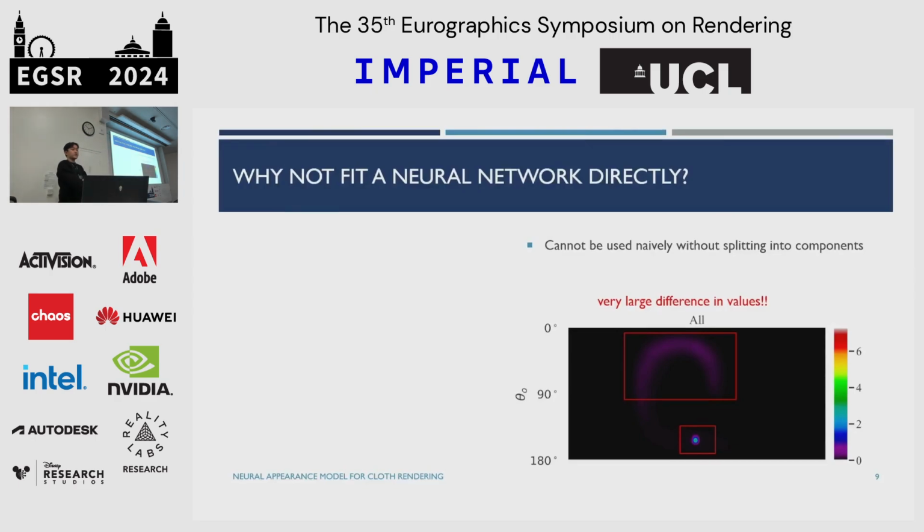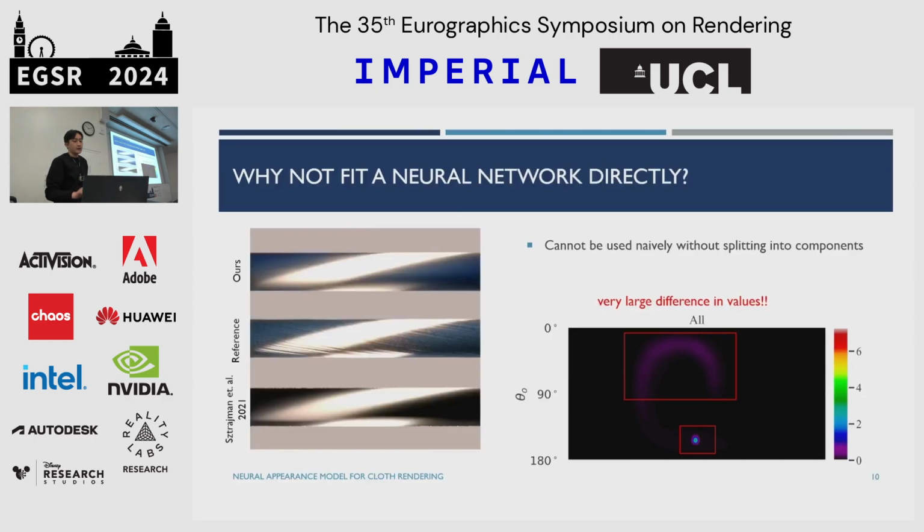So there is a very large variance in values, and as you can see, prior works might not be able to render them accurately, especially if the high values blow out all the softer colors. As you can see, it does not recreate the reference as well as ours would.